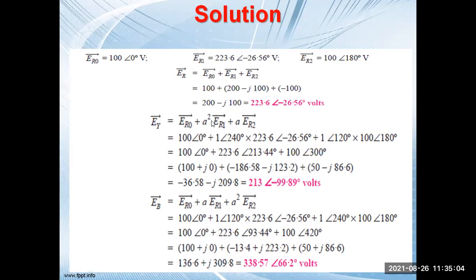So here A square equals 1 angle 240 degree, because A equals 1 angle 120 degree. Then this ER0, ER1 and ER2 are all known to us. So finally, we can simplify this and we can get the value of this voltage. Now EB is equal to ER0 plus A into ER1 plus A square into ER2. In a similar way, here we'll substitute A equals 1 angle 120 degree and A square equals 1 angle 240 degree. So the remaining voltages we will substitute, and finally we are getting this EB value.